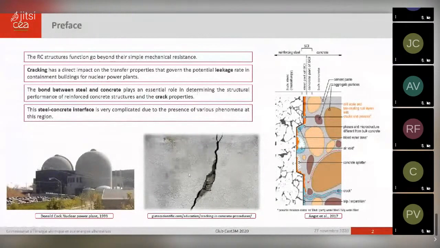The bond between steel and concrete plays an essential role in determining the structural performance of RC structures and the crack properties. This steel-concrete interface is very complicated due to the presence of various phenomena in the region, such as corrosion, slip, separation, and air voids, and the presence of different materials like fine aggregates, coarse aggregates, and the cement material itself.